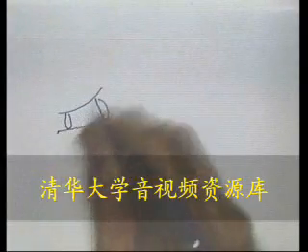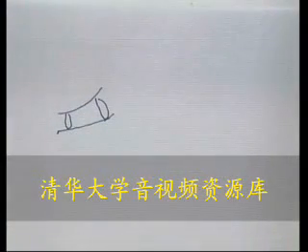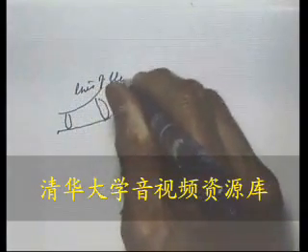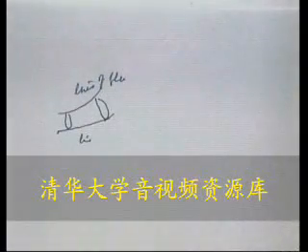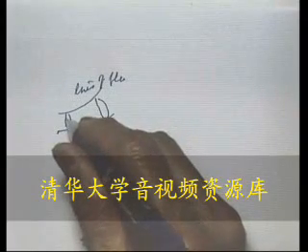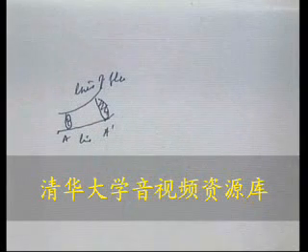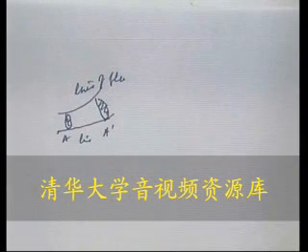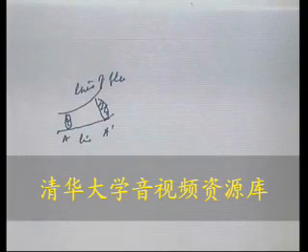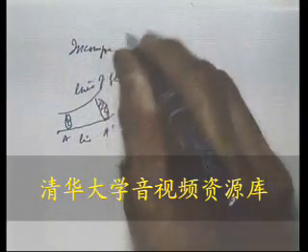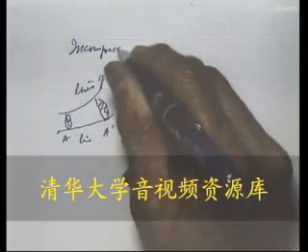So what I'm drawing are the lines of flow. It could be in a very big tube. If this area is A and this area is A prime, and we are talking about an incompressible flow. An incompressible flow.